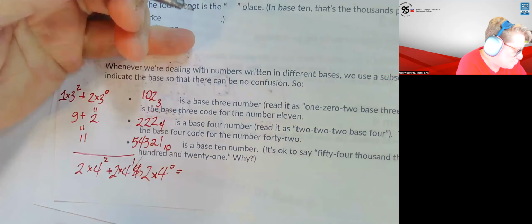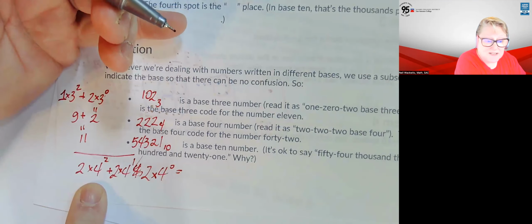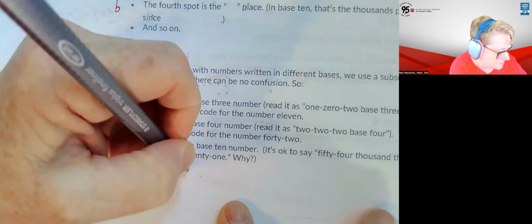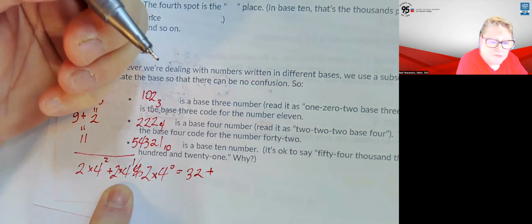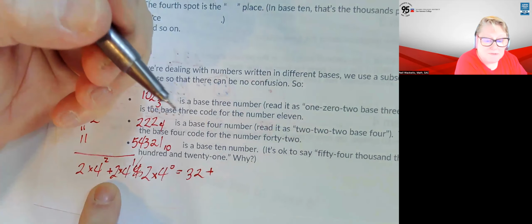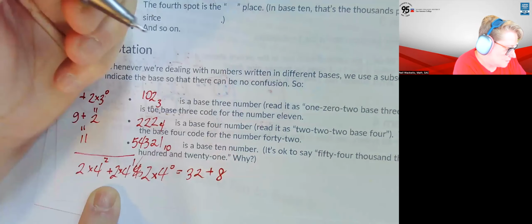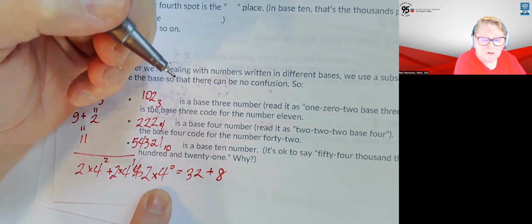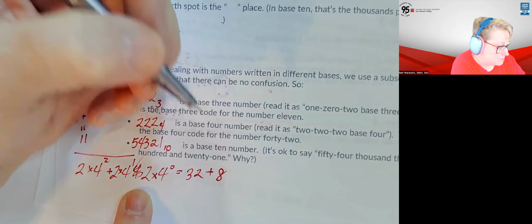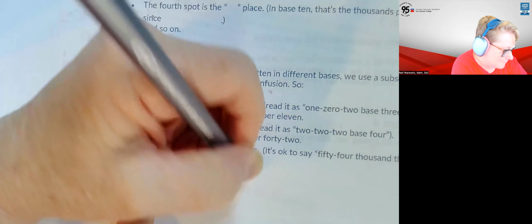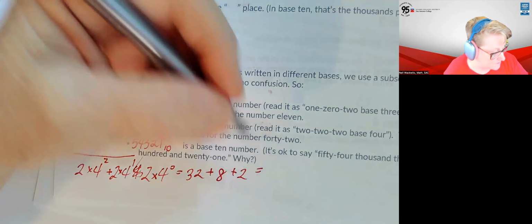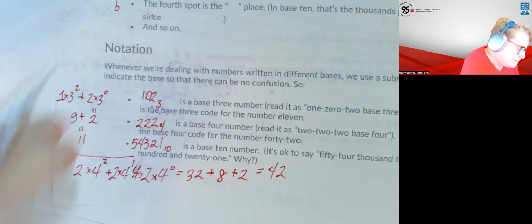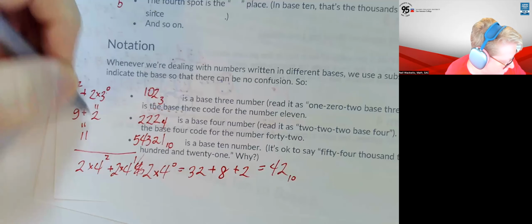So let's see. 4 squared is 16. 16 times 2 is 32. 4 to the first power is 4. 4 times 2 is 8. 4 to the 0th power is 1. 1 times 2 is 2. And 32 and 8 are 40, plus 2 is 42. Is that what they got? Yay. So let's put a little base 10 there and a little base 10 here.